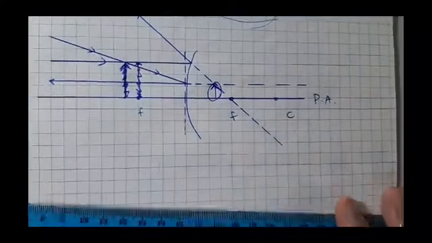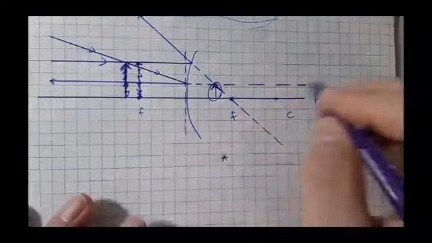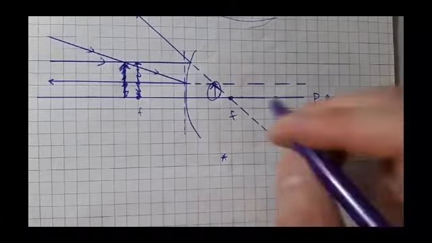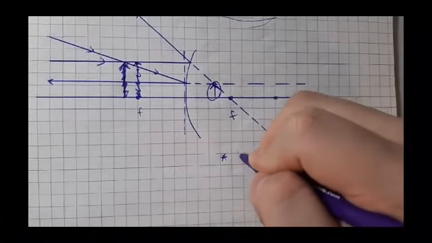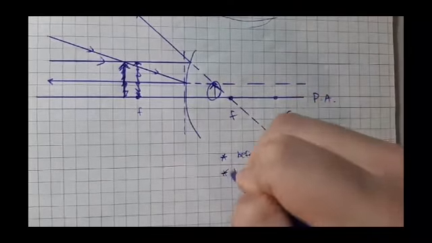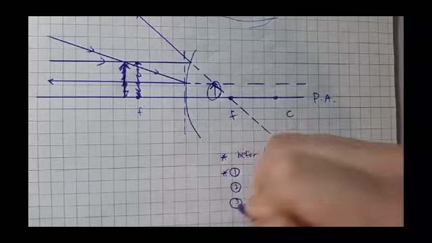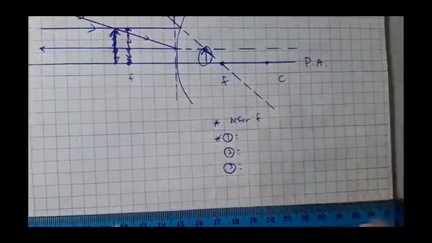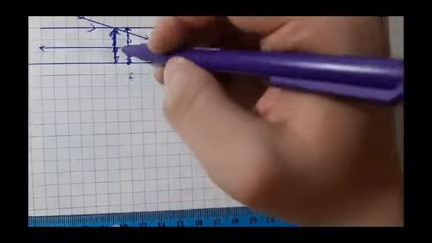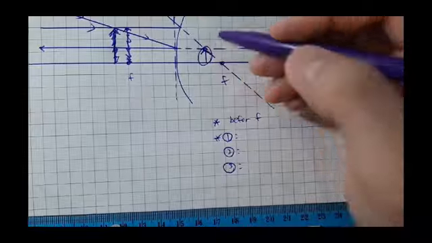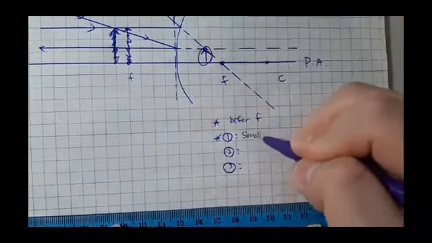So let's answer some of these predicted image questions. Number one, where will my image be located? My image will be located before F. Now my properties 1, 2, and 3. What's my size? Well, as you may notice, this is 3 grids, but this is 1 grid, so it's definitely a smaller image.